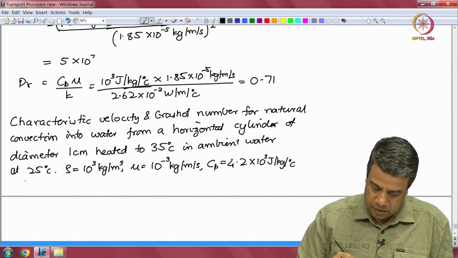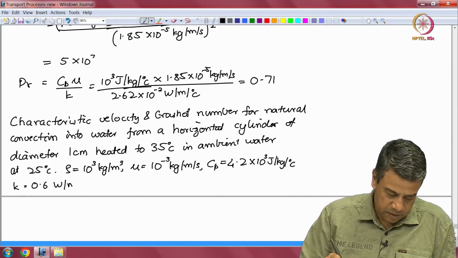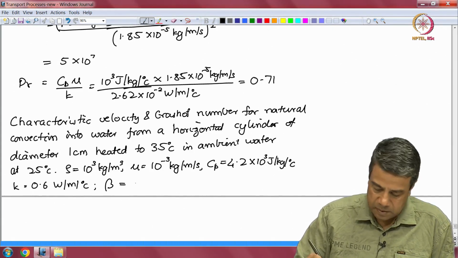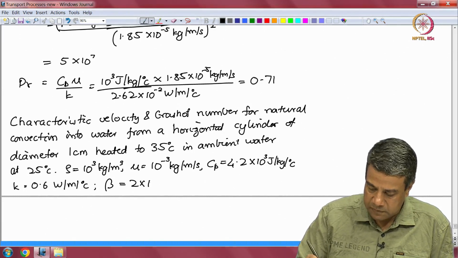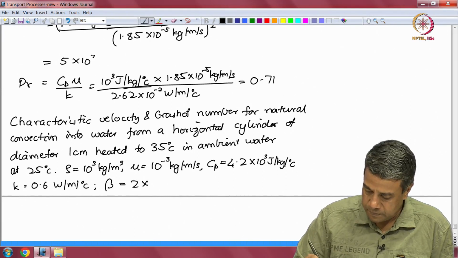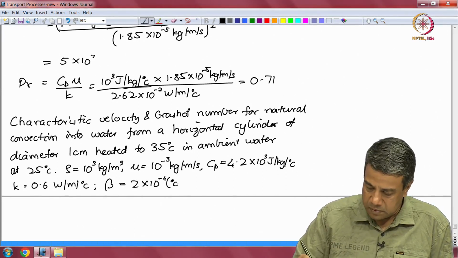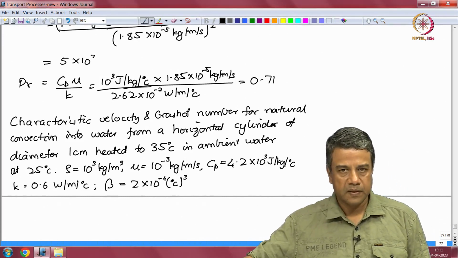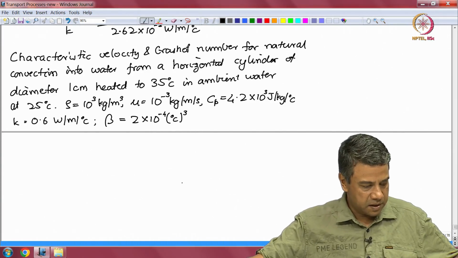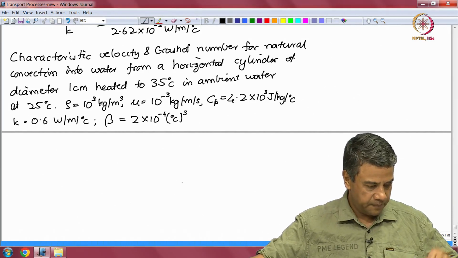The thermal conductivity is equal to 0.6 watts per degree centigrade, and beta, the thermal expansion coefficient, is 2 into 10 power minus 4 per degree centigrade. So, these are the properties, and we have to calculate the characteristic velocity, the Grashof number, and so on.